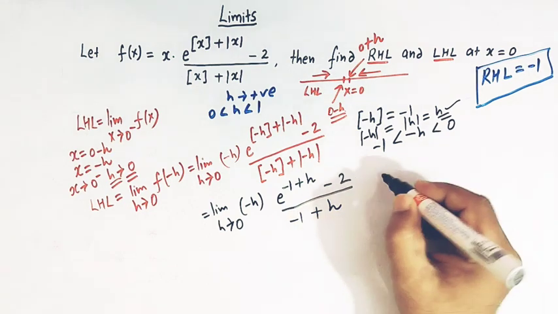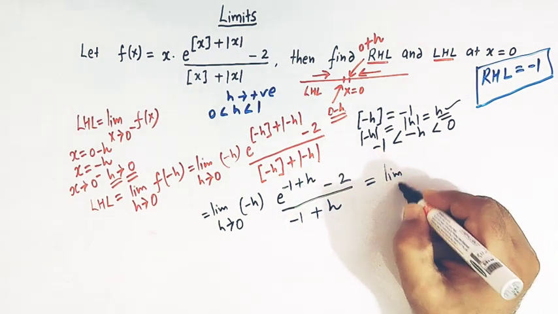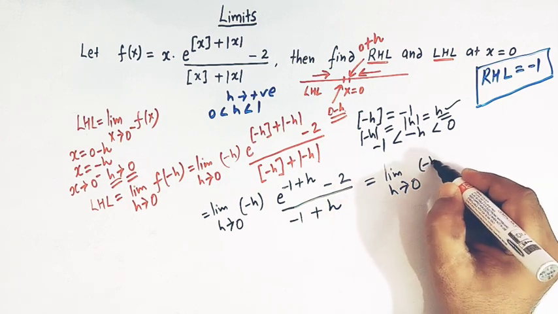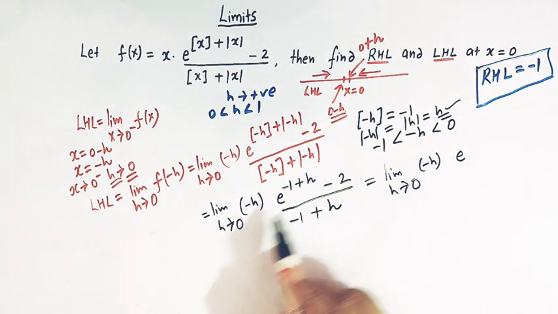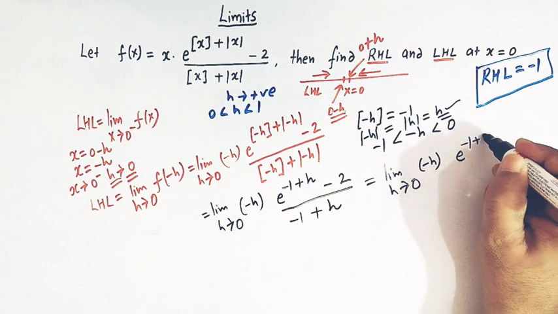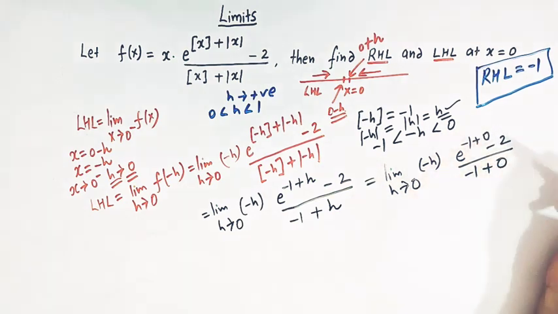So now we can write this limit as limit h tends to 0, and here we have minus h, and see, if we take h equal to 0 in this expression, we have minus 1 plus 0 minus 2, and this is minus 1 plus 0, right?